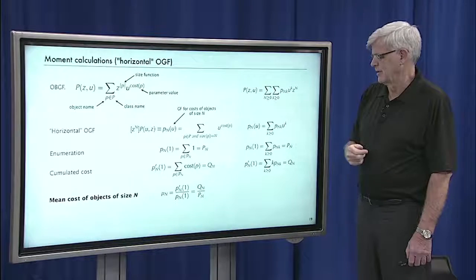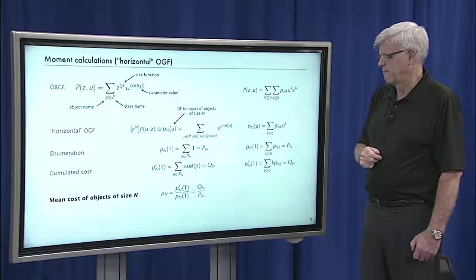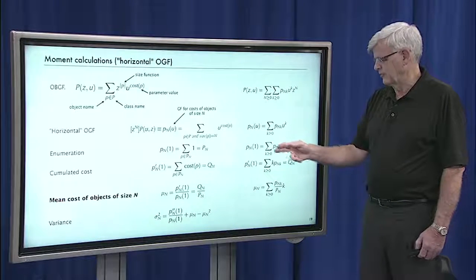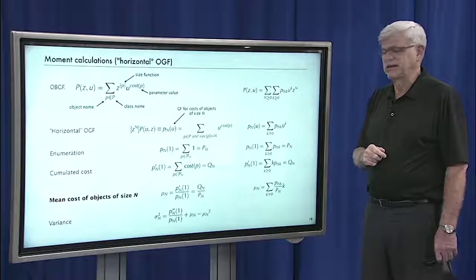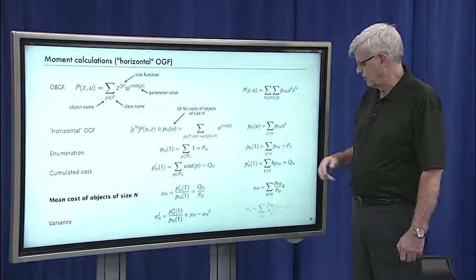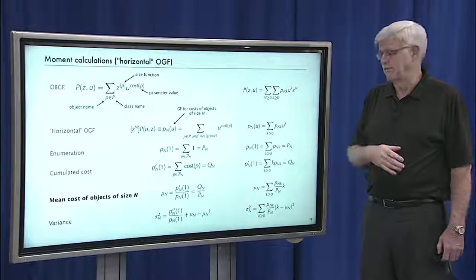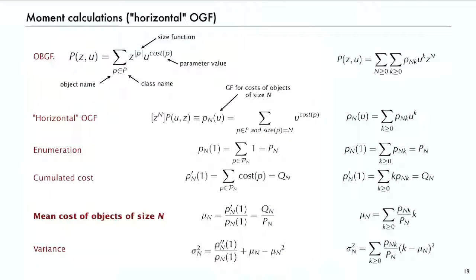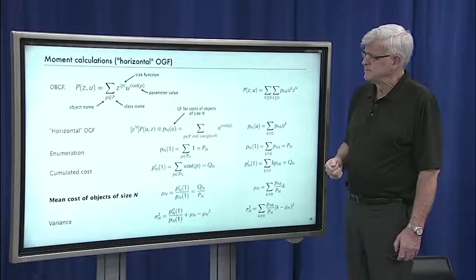An even simpler calculation usually. And then the calculation for the variance just involves the second derivative, and again, that's easy to check from the definition of the variance. So this method, using horizontal ordinary generating functions, is the one that we use most often to calculate average values and other moments of parameters.